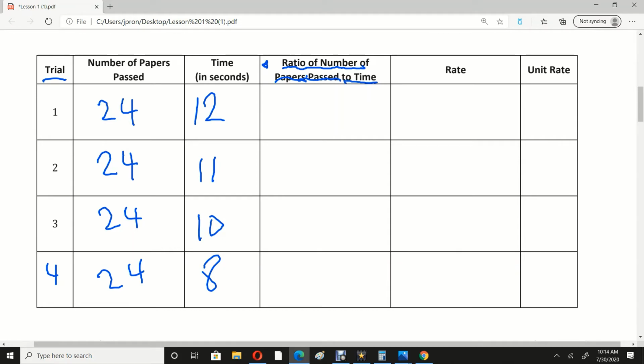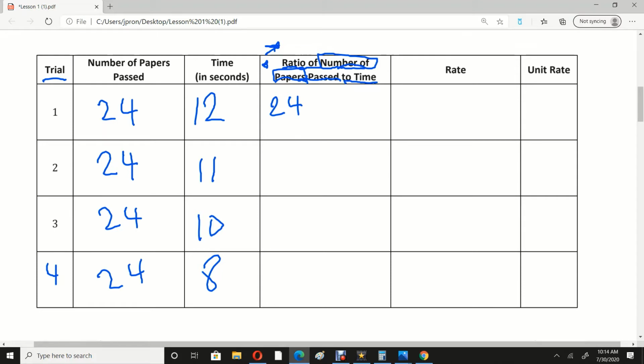Okay, so with ratios, it's important to note the number that comes first in the sentence. Since this sentence is asking for the ratio of number of papers first, the number of papers is going to be the first part of the ratio, right?